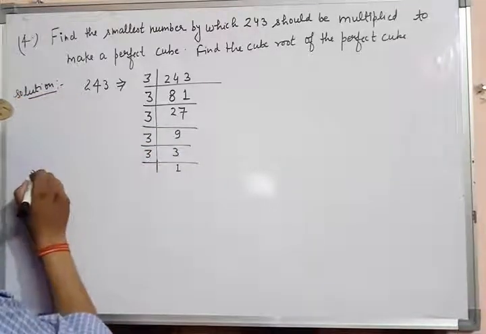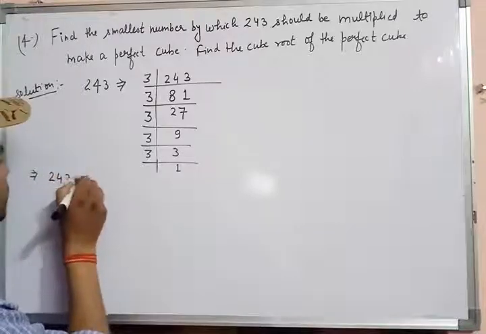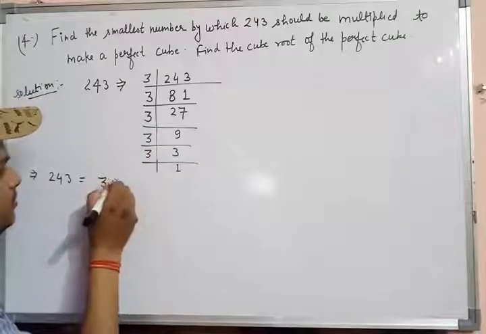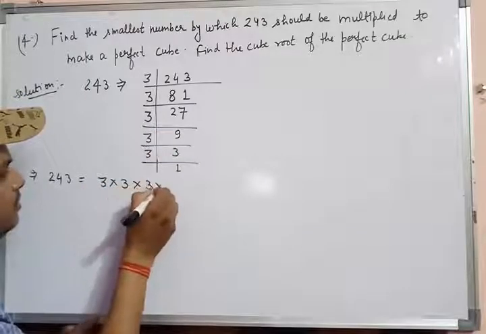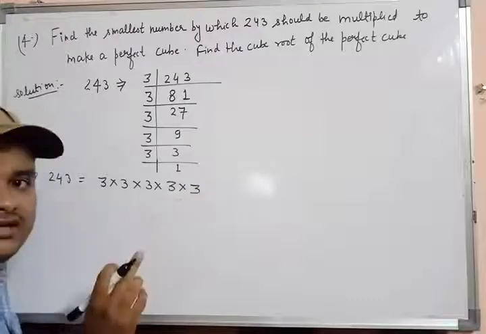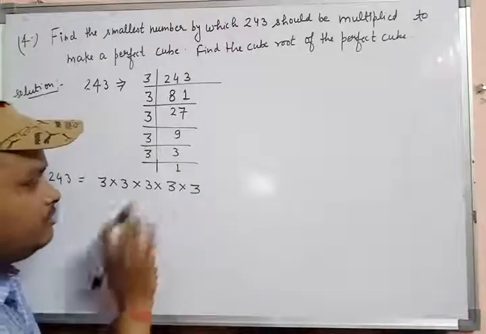Now we can write 243 as 3 written 5 times.